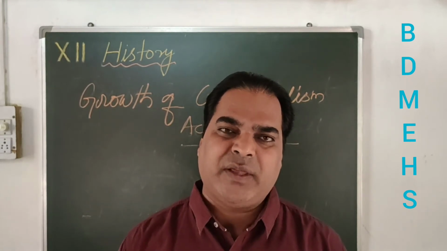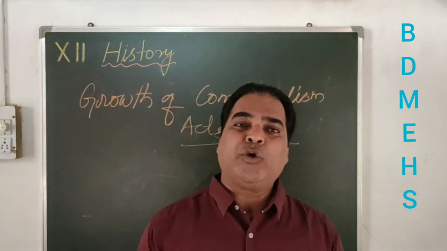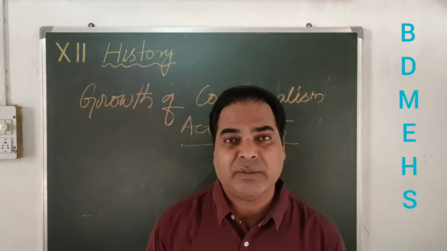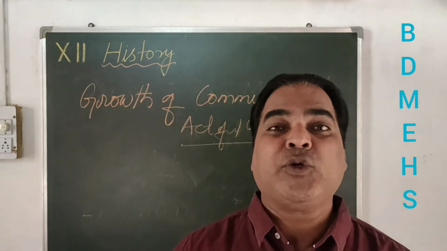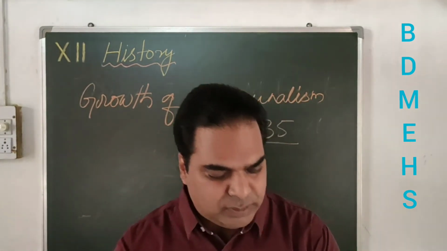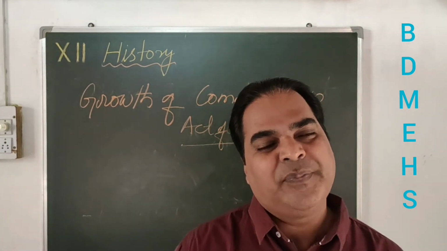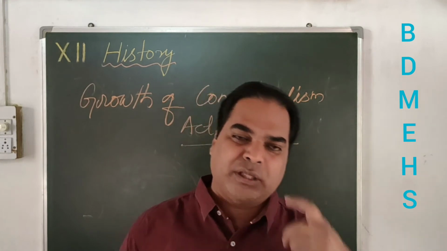The mandate of the people was in favor of the Congress. The Muslim League could not even get seats in their majority provinces. Wherever Muslims were in majority, there also they could not do well. Even Muslims did not support the Muslim League.